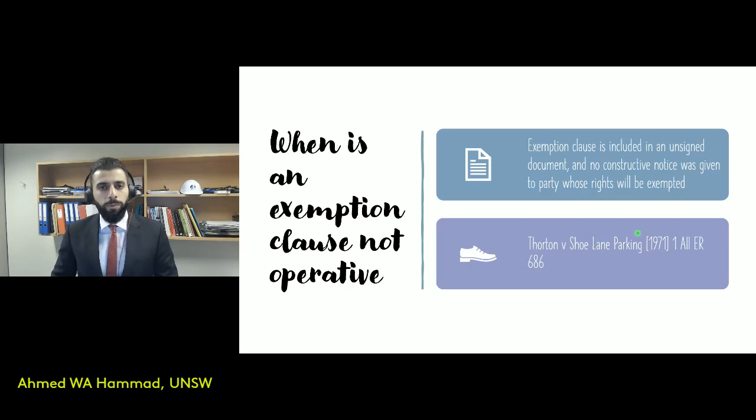It was in fine print, and it said that you won't be liable if the car is damaged because of the nearby construction site. That exemption clause in the ticket wouldn't apply as determined by this case over here. And the reason that it wouldn't apply is because there was no constructive notice given by your end to me. So you haven't done everything that's reasonable for me to notice that there was this exemption clause. That's an example of constructive notice.